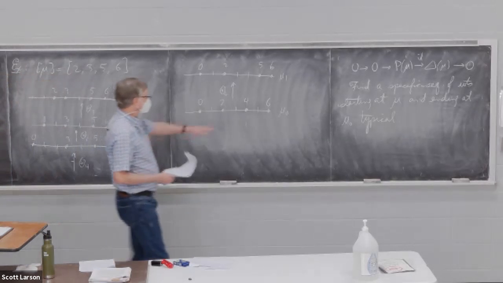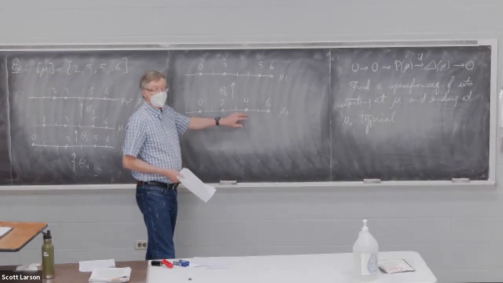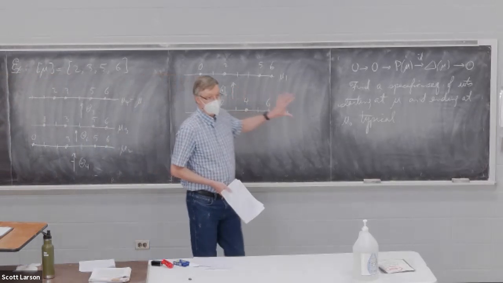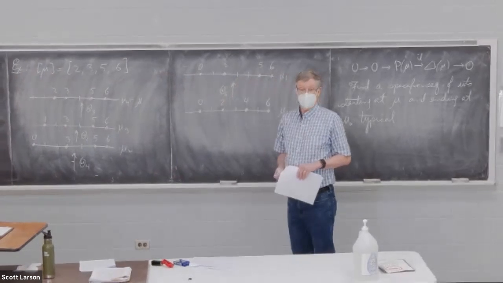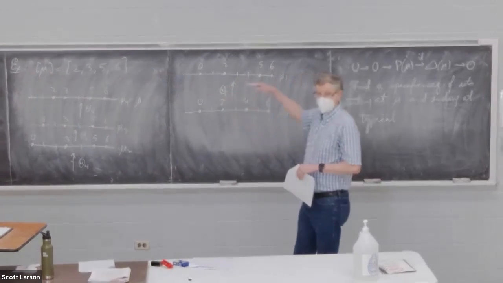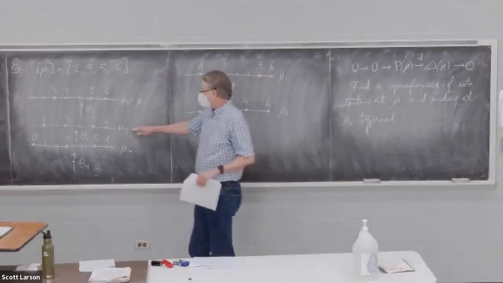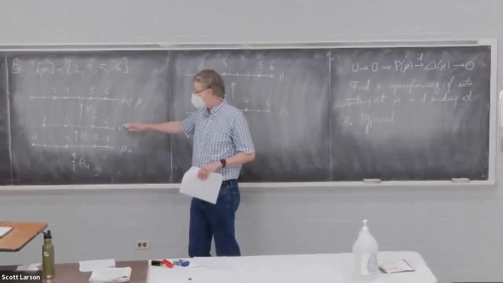So I have a projective resolution already for mu 0, and roughly, I'm not going to be too precise, we use induction on how close the weight is to typical, according to the scheme. So mu 3 is closer to typical than mu 4 is, because it takes fewer steps.